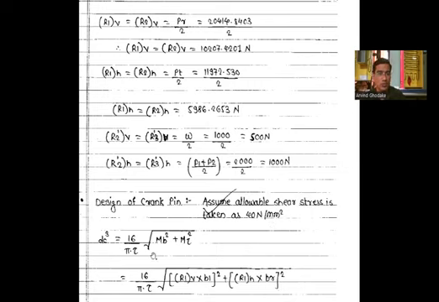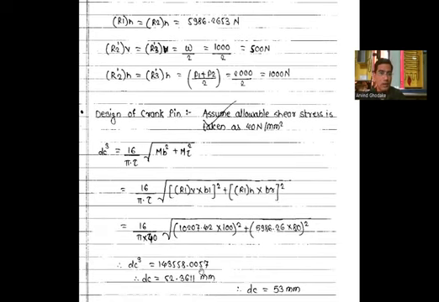Therefore, DC cube is equal to 16 by pi into shear stress into the square root of Mb square plus Mt square. Putting in the values, we get the diameter of the crank pin equal to 52.36 mm. So the round diameter for the crank pin is equal to 53 mm. In this way, we can design the crankshaft and crank pin by using the design methods.